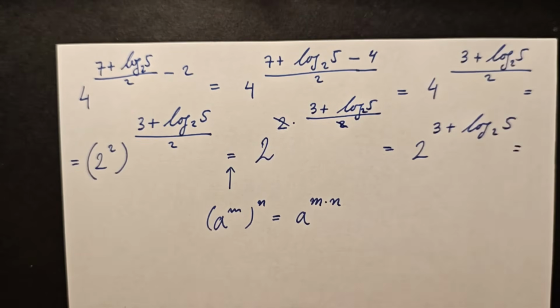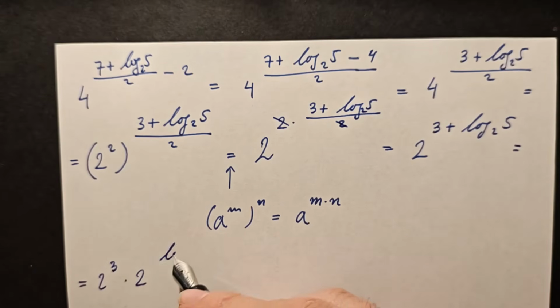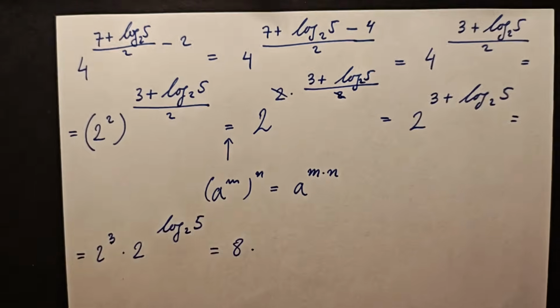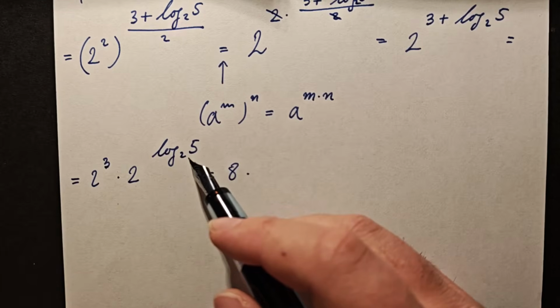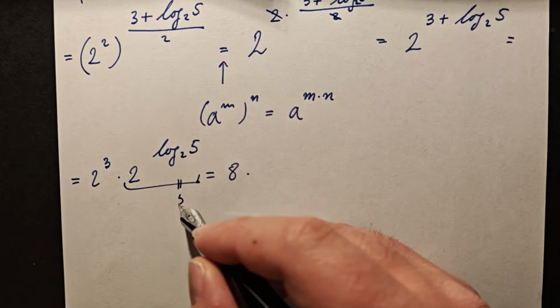This is going to be equal to 2 cubed multiplied by 2 to the power of logarithm of 5 for the base of 2. And this is going to be equal to 8 multiplied by, and 2 to the power of logarithm of 5 to the base 2 is just going to be equal to 5.